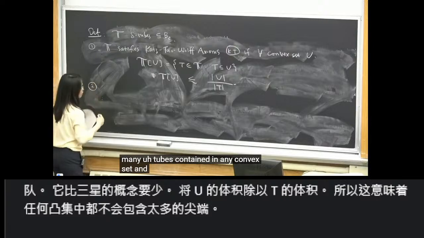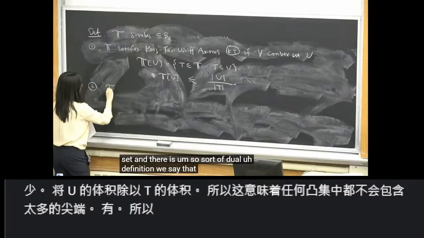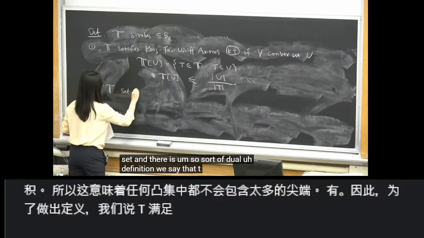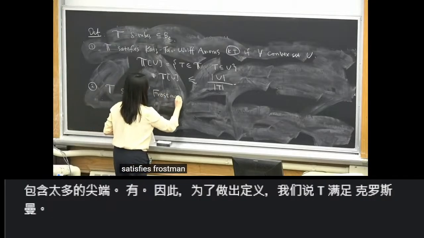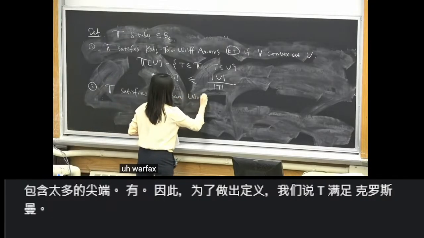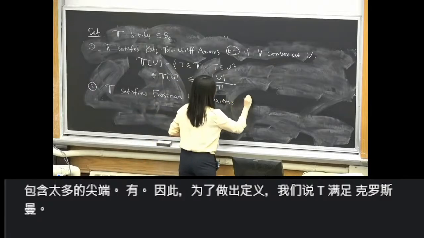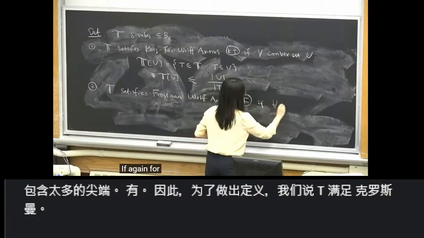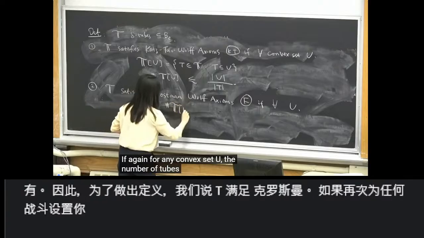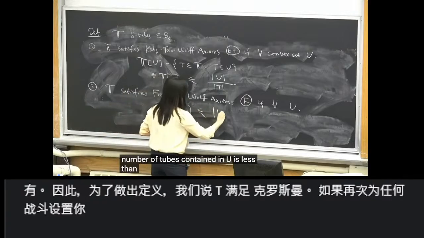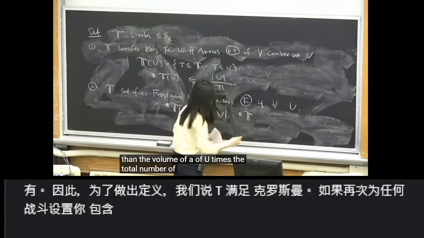And there is sort of a dual definition. We say that T satisfies the Wolff axiom if, again, for any convex set U, the number of tubes contained in U is less than the volume of U times the total number of tubes.